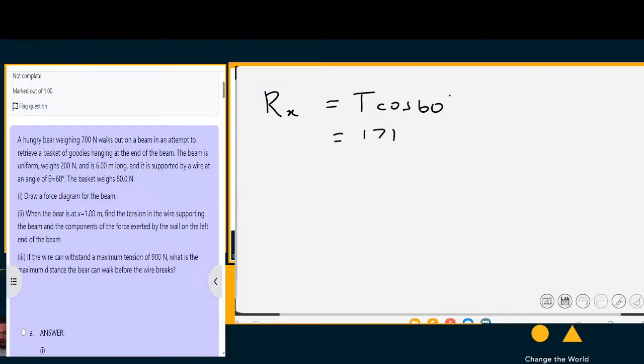The tension is 343, so that component is 171 newtons, and Ry will just be 980 newtons minus the tension force. This is all the forces there minus the tension force.